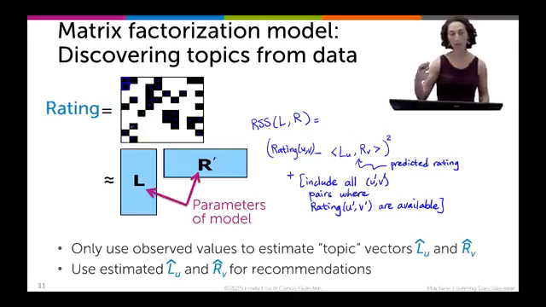And then when I want to estimate L and R, just like when I wanted to estimate the regression coefficients in the housing value prediction problem, I search over all the user topic vectors and all the movie topic vectors and find the combination of this huge space of parameters that best fits my observed ratings.